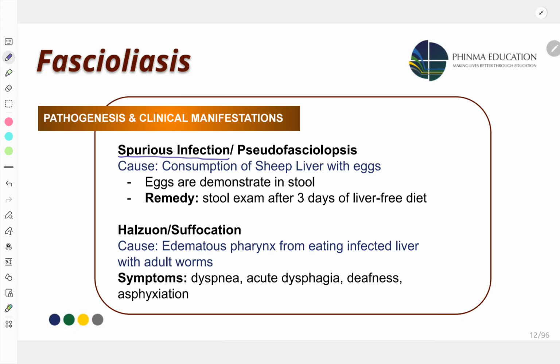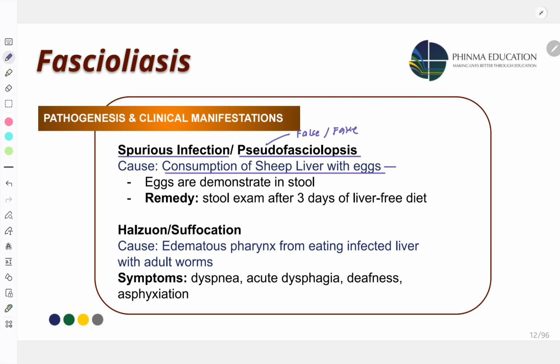There could also be spurious infection or pseudofasciolopsis. Pseudo meaning false, no? Or fake. So, dili tinuod nga naa kay fasciola. So, this is caused by the consumption of sheep liver with eggs. Remember, di ba, ang sheep ang primary host jud.